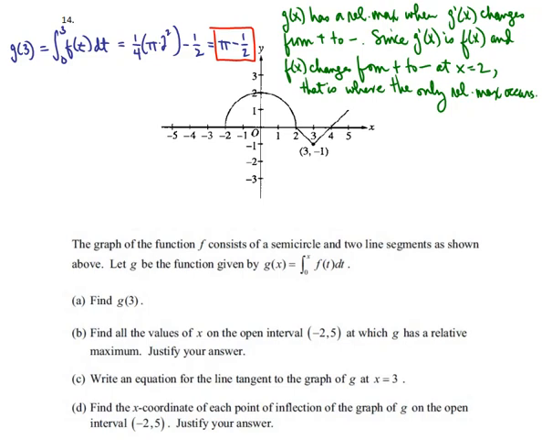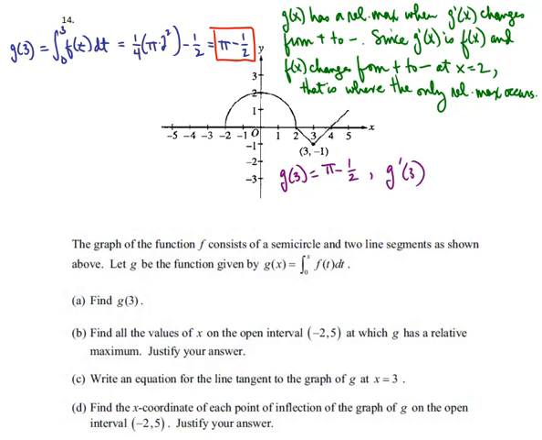For part C, we want to write an equation for the line tangent to the graph of g at x equals 3. So for that, we need to know what g of 3 is, and we have that above as pi minus 1/2. So we have a point. We also need a slope.